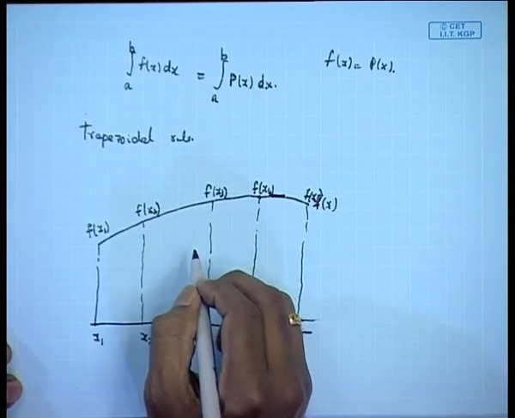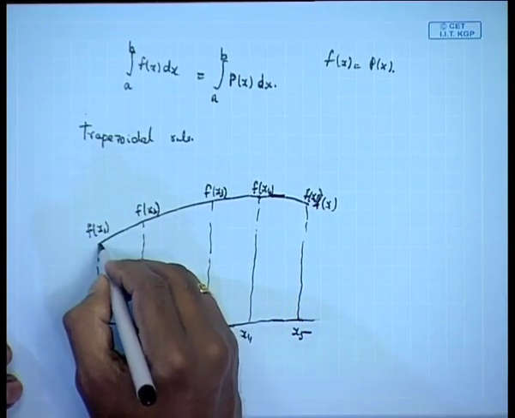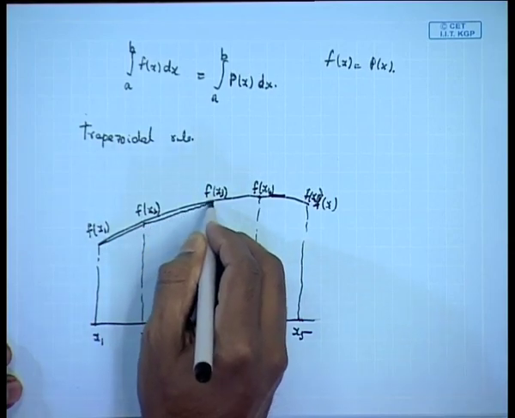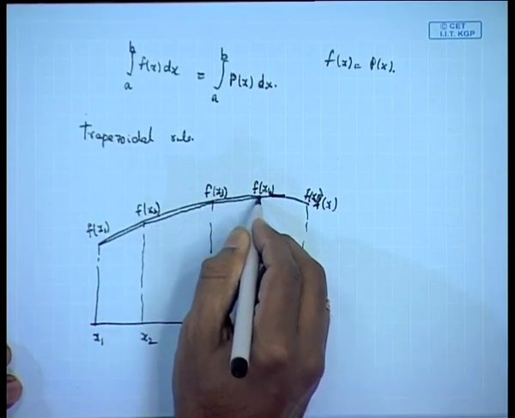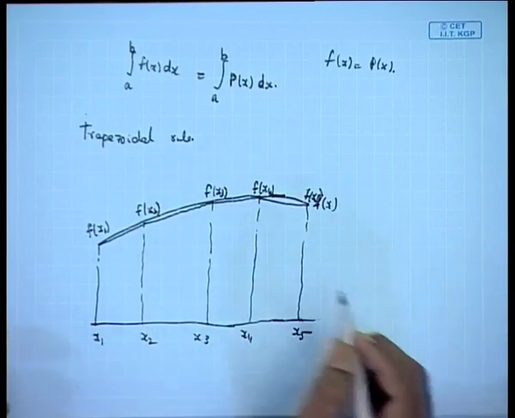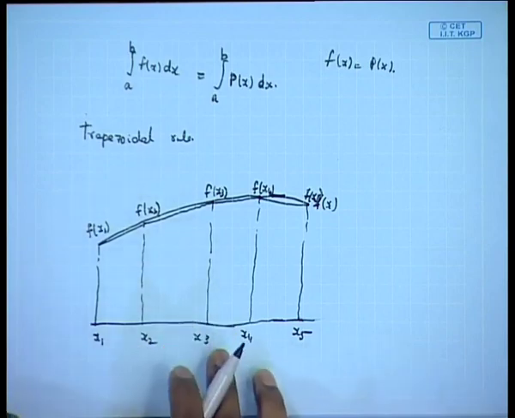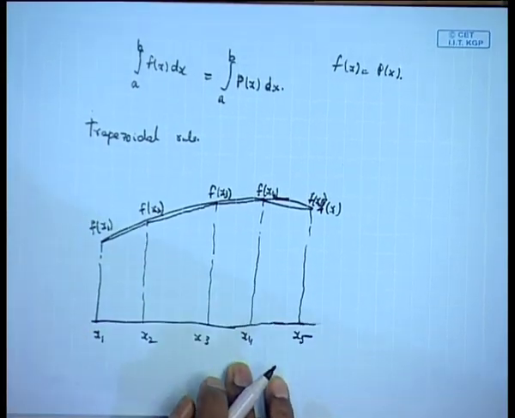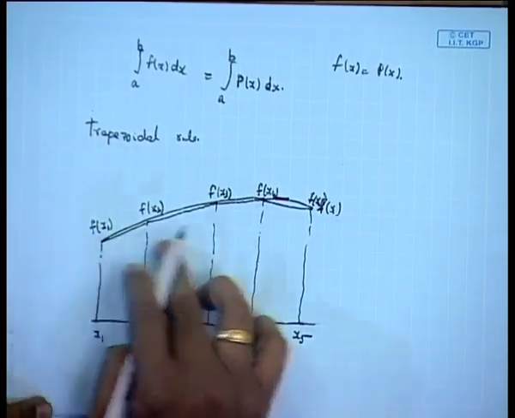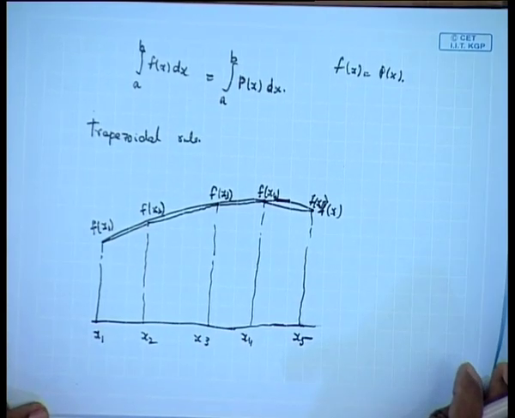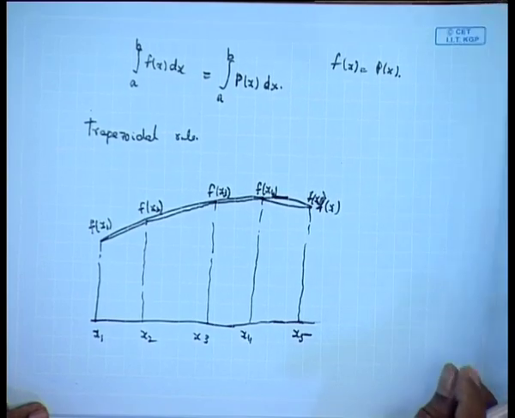Now, suppose we replace f of x by straight lines like this, like this, like this and like this. These straight lines now represent f of x. So, what do you get?